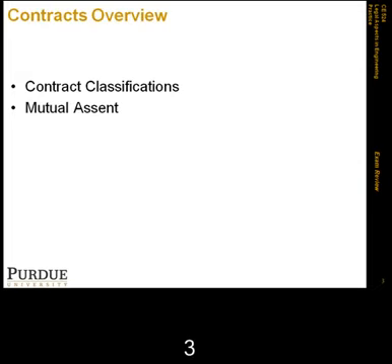We also talked about something called agreements to agree, where people agree that they're going to leave out terms that they will agree upon in the future from their contract.